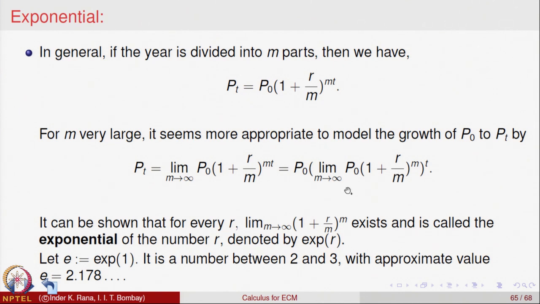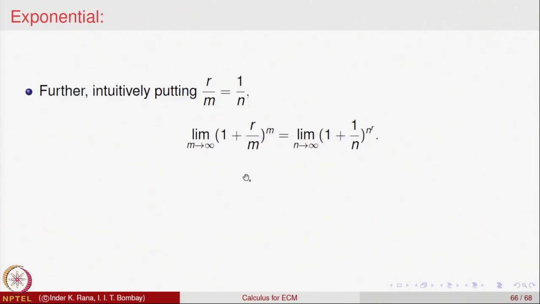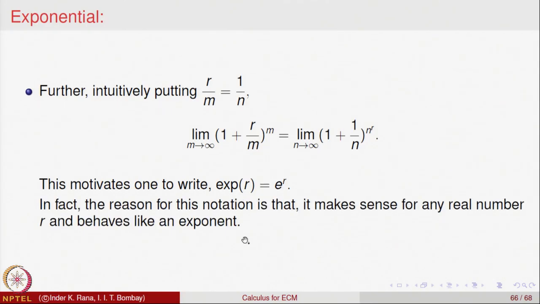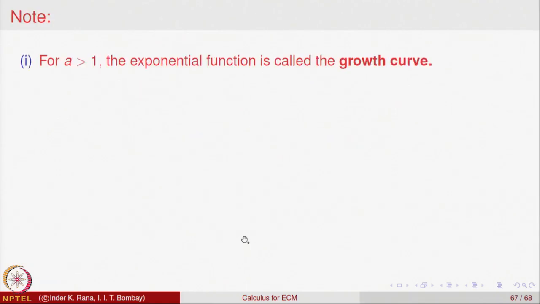So, that is the upshot. So, that limit, if it is taken as this, means one can define e raised to power r that way, and it behaves like an exponent.